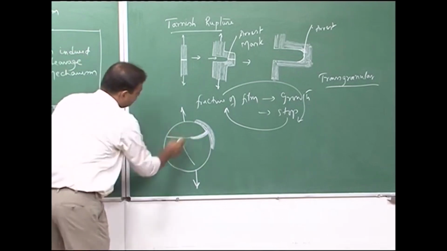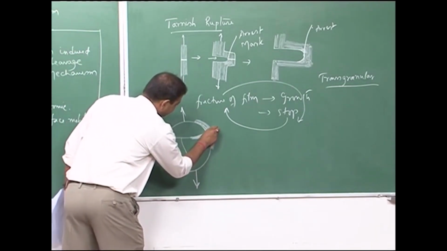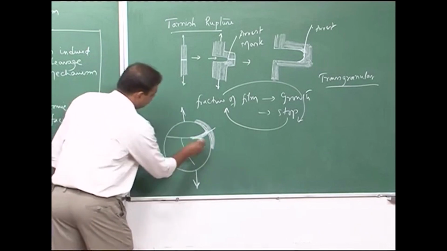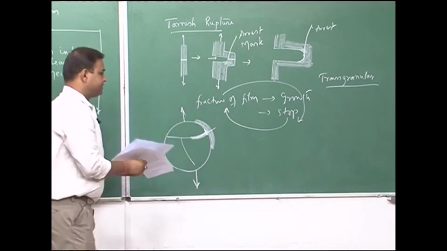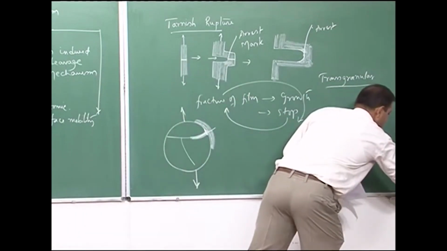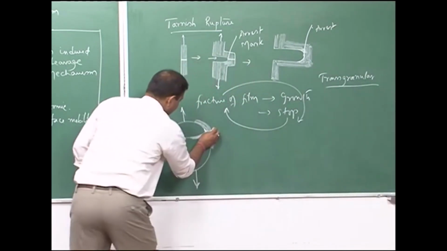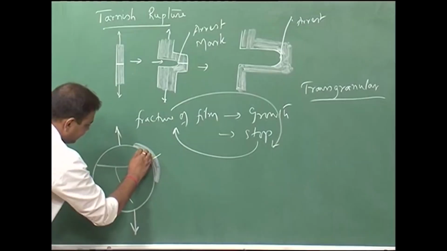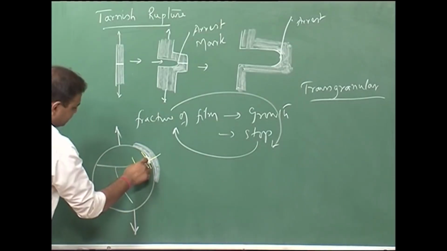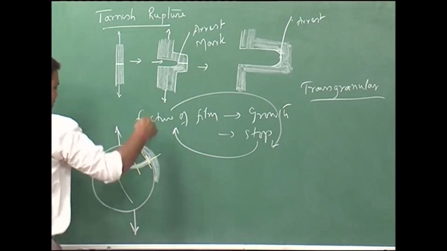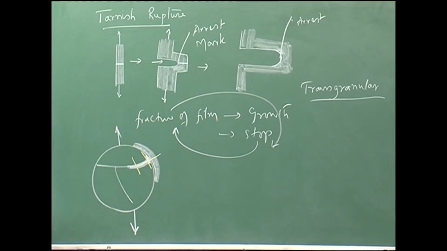So, the crack is forming like this, and then it is getting stopped. Again this will grow like this. If we put it in a different color, the crack is growing like this, here it is stopped, again it grows like this, here it is stopped, and this film formation would be preferentially along the grain boundary.